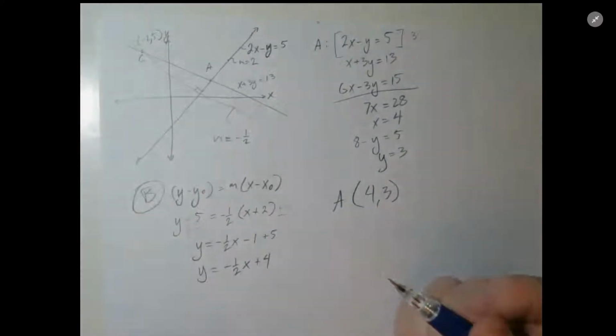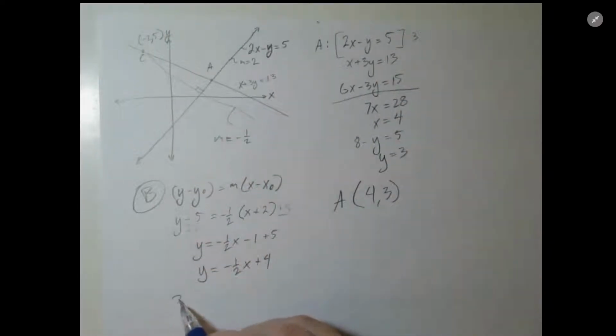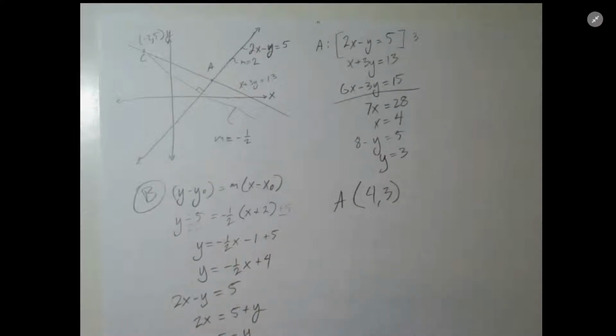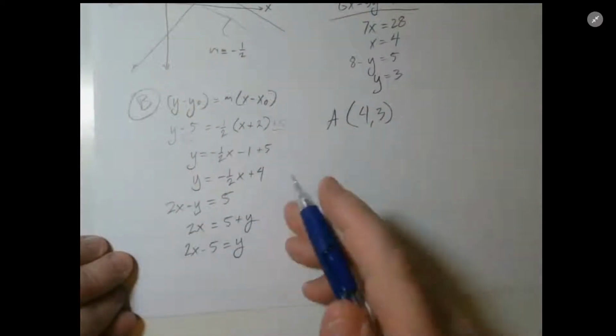So y equals negative 1/2 x plus 4. The other equation was this one, which is 2x minus y equals 5. So 2x equals 5 plus y, or 2x minus 5 equals y. But I also already knew that y was this.